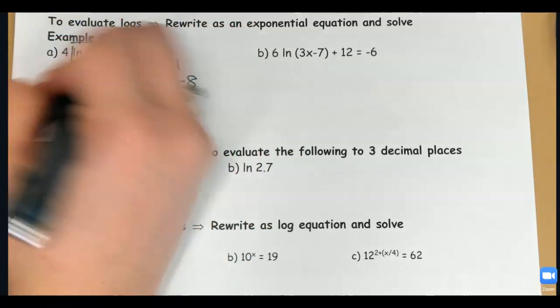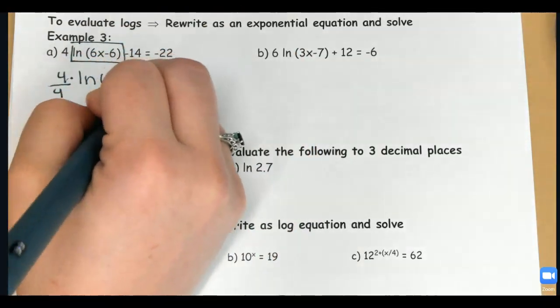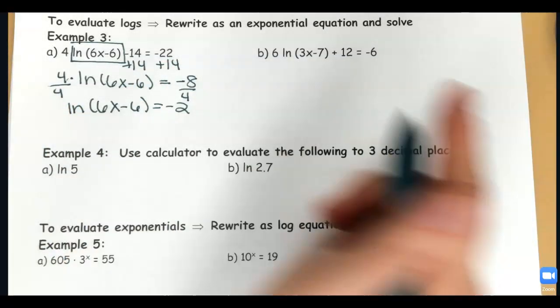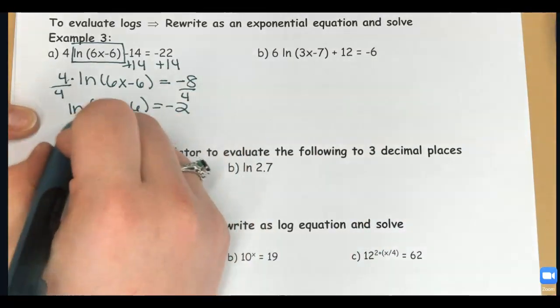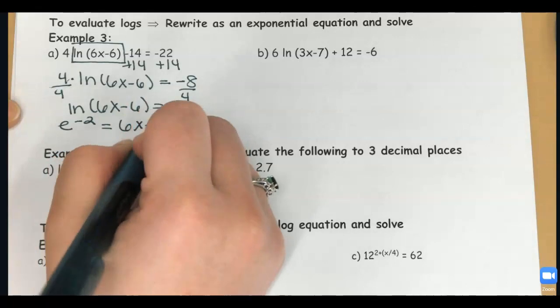And then I can divide by 4. So the natural log of 6x minus 6 equals negative 2. The log is now by itself, so I can rewrite this as an exponential. This is going to be e to the negative 2 equals 6x minus 6.